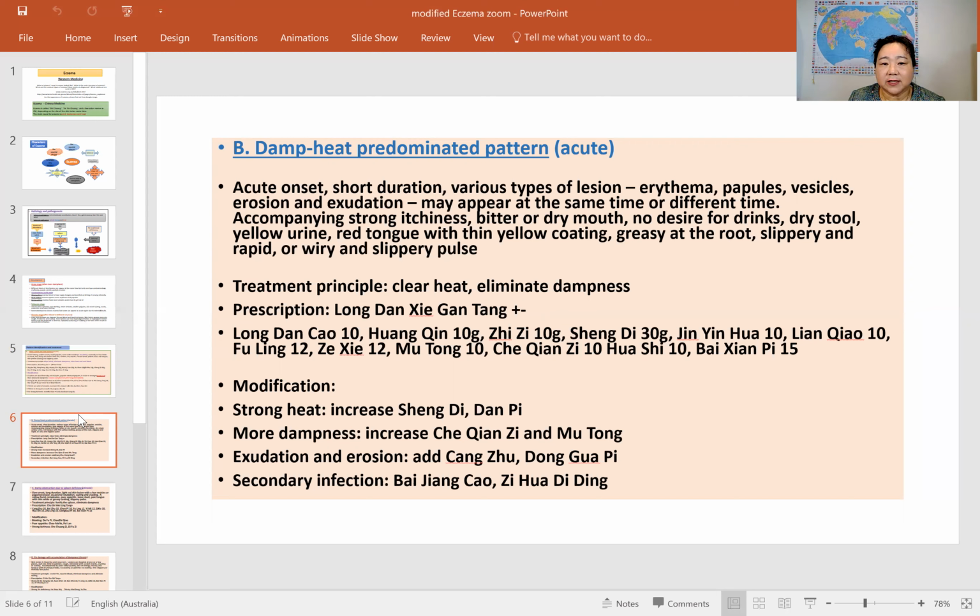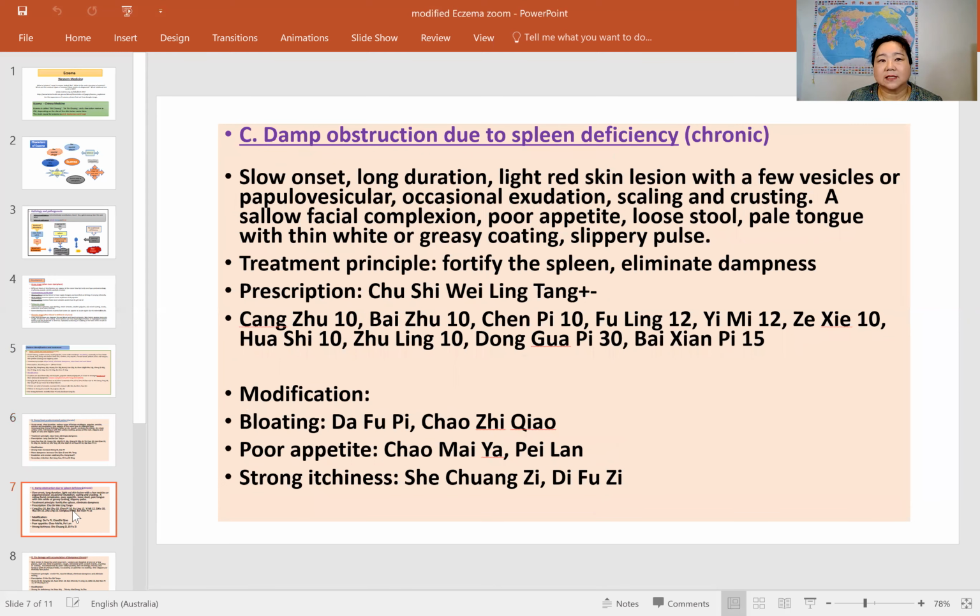For exudation and erosion, you can add 苍竹、冬瓜皮. If there's secondary infection, you can add 败酱草、紫花地丁. Normally in this situation, patients have already used antibiotics.